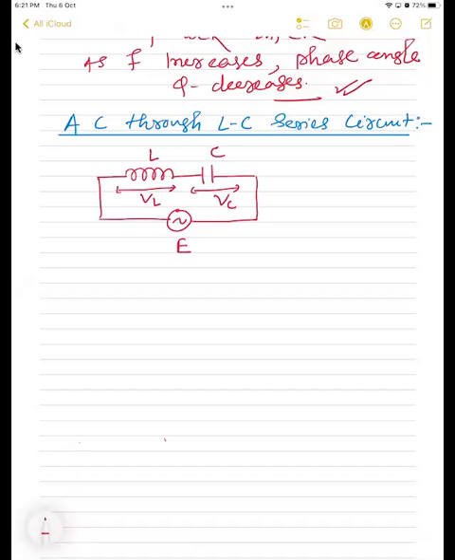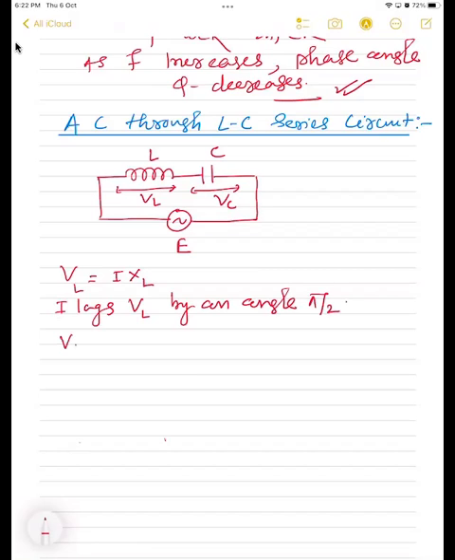And we can also say the same way. What is VL? Voltage drop across the inductor, I into XL, that is inductive reactance. Correct? And in the inductor, what happens? I lags VL by an angle pi by 2. Correct?